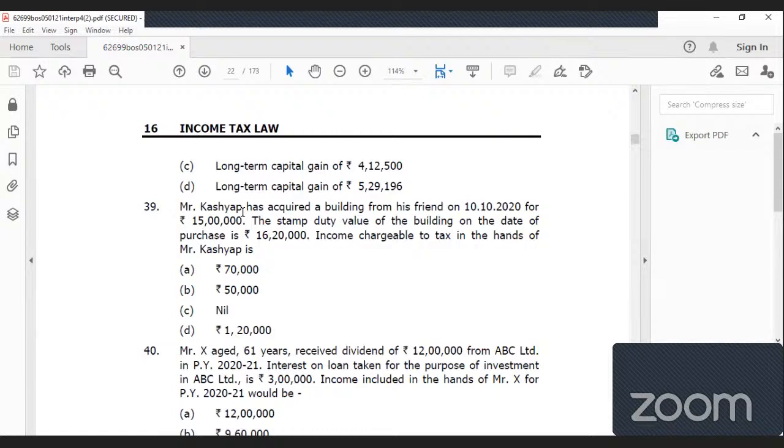That means your gift should be minimum of 1,50,000 now. पर तुमको गिफ्ट कितने का मिल रहा है? 1,20,000. हाँ, so it is within the limits now. कुछ समझ रहे हो? The gift is within the limits of 1,50,000. That's why nothing is, no gift as such over here. Okay? So option C is correct.